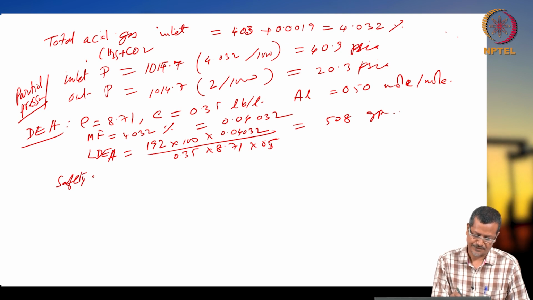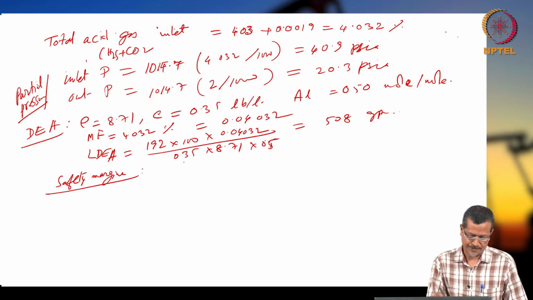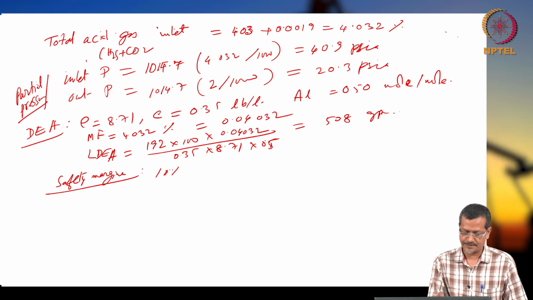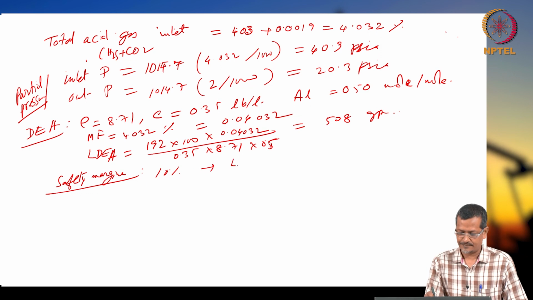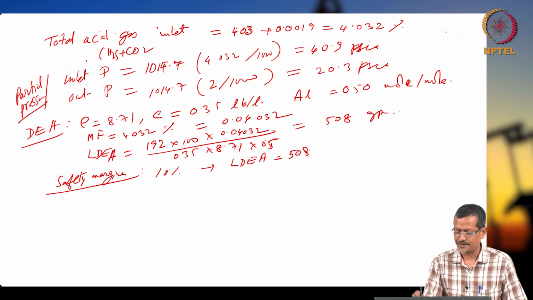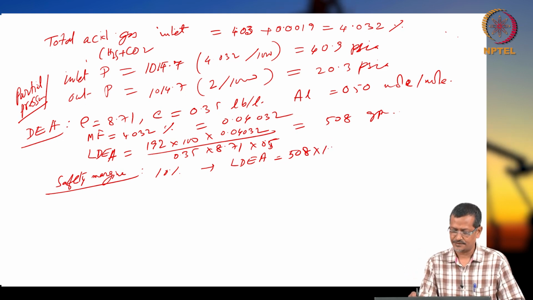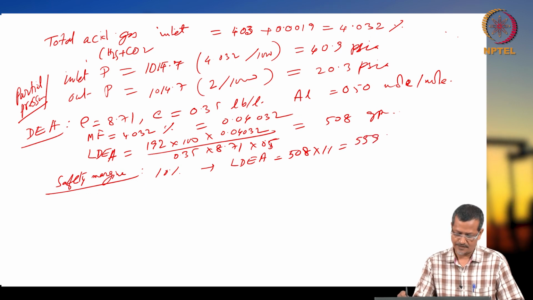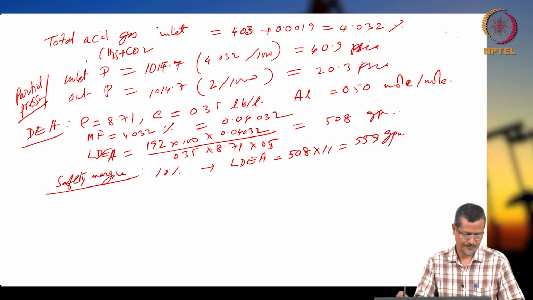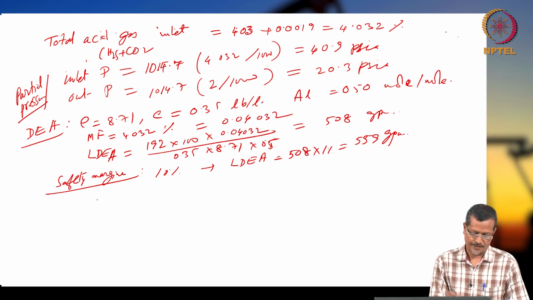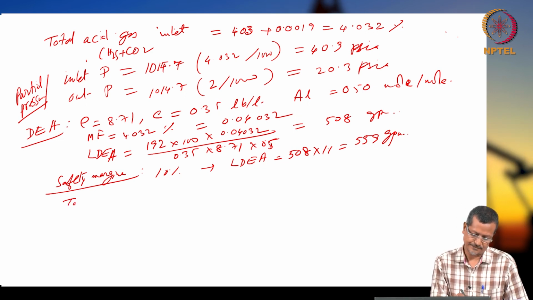The safety margin for DEA, 10%, is given. So now LDEA equals 508 into 1.1 multiplication. So it is coming to 559 GPM. Okay. Now tower size.